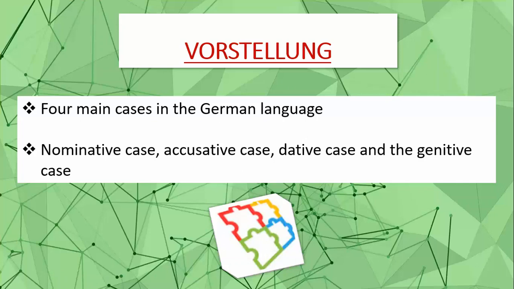The dative case is taking over the genitive case because the dative case is more practical in written and spoken German. Therefore, you need to only concentrate on nominative, accusative, and the dative cases.